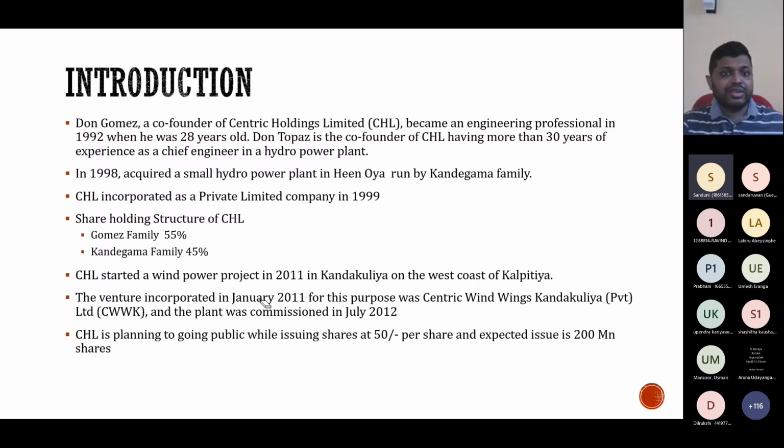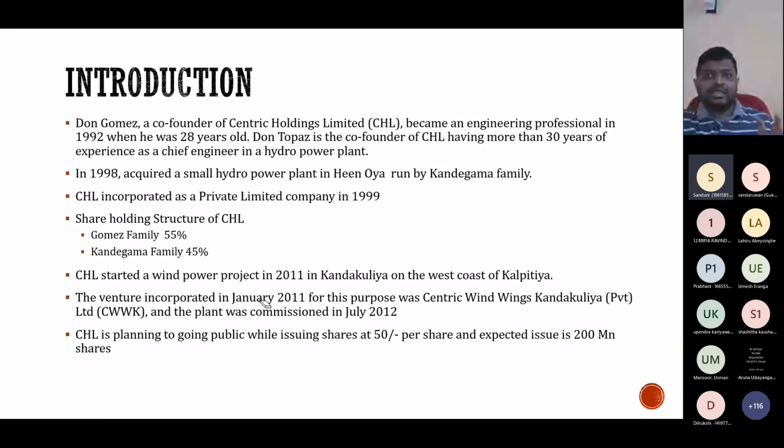CHL started a wind power project in 2011 in Kandakulia on the west coast of Kalpitia. They already had the mini hydropower plant, and they started the wind power project in the coast region in Kalpitia.